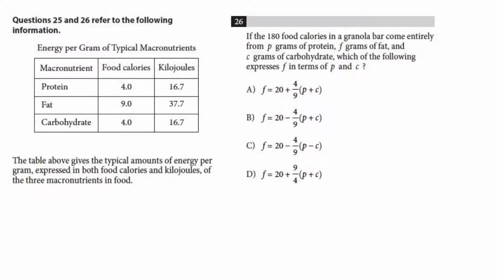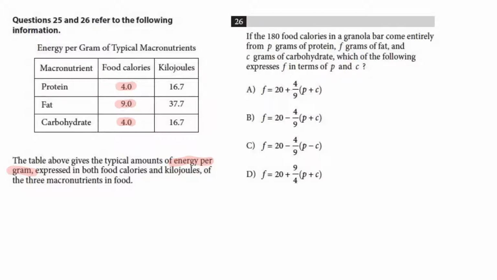Well, we know that these food calories here are the calories per gram of macronutrient.